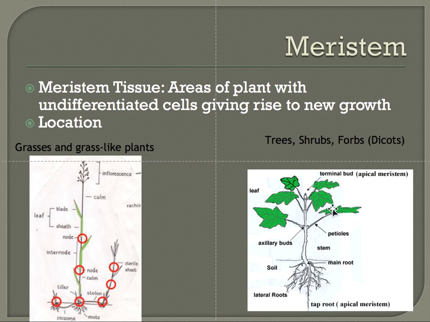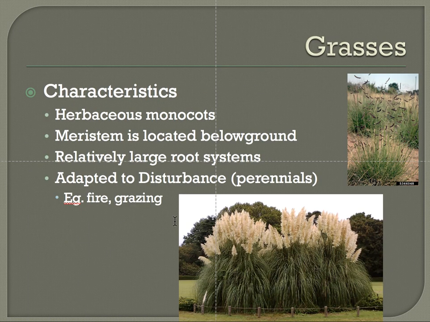So if there's a fire that kills this above ground tissue, or if some herbivore eats the top of this plant, it's killing the apical meristem, and this plant is less likely to grow. In a grass, however, you can kill all of this above ground tissue, and you're not removing the main source of meristem, the basal meristem. And so that means this plant's really likely to regrow. So that's what makes grasses so good at dealing with disturbance.